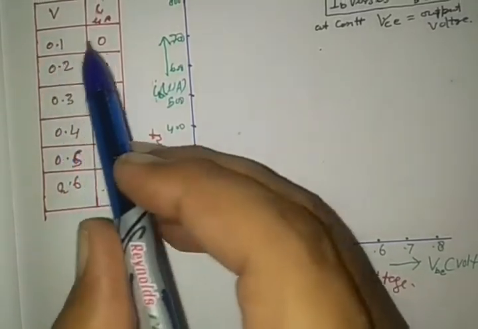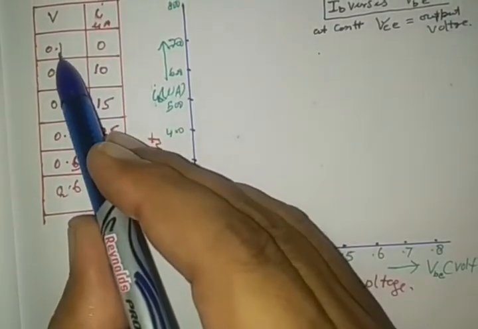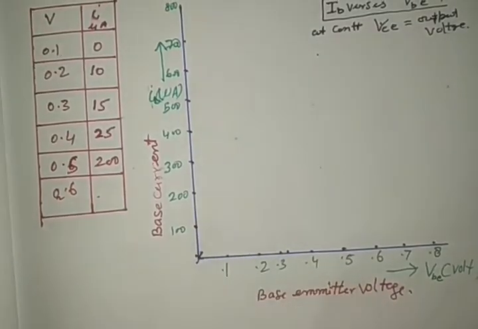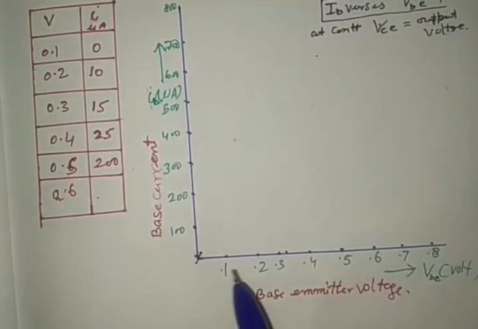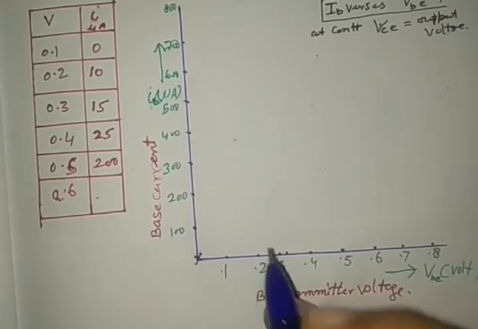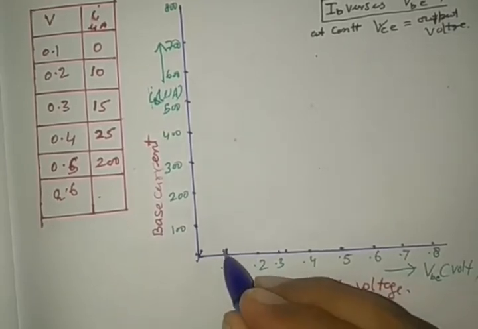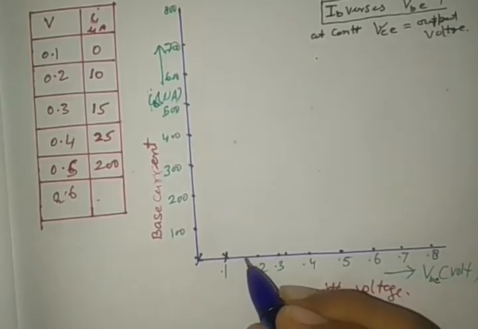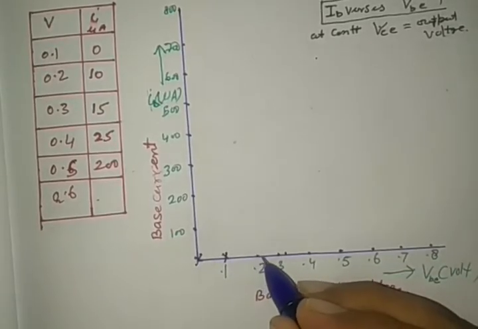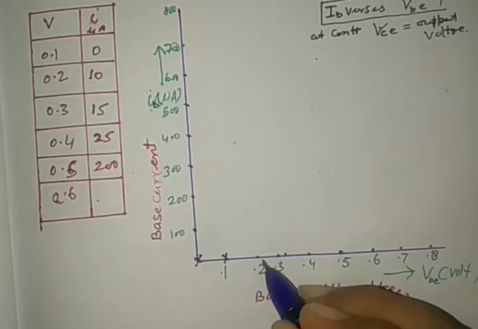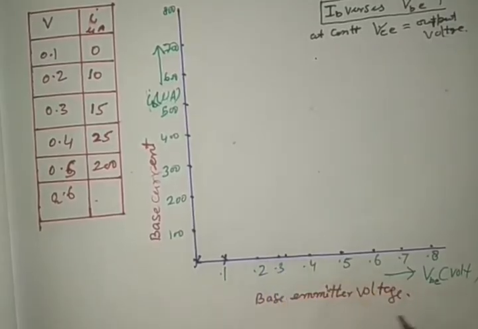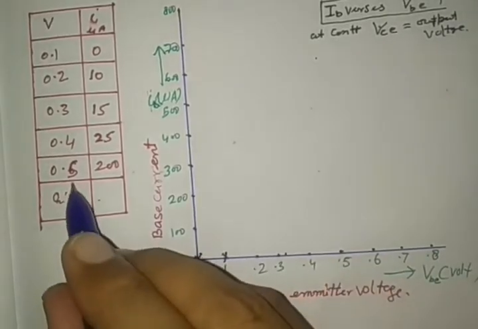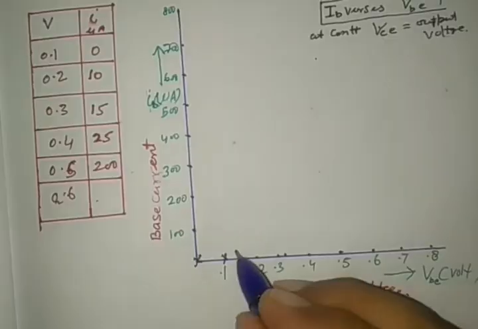The first observation is when input voltage is 0, both are 0. No change. If we increase the voltage up to 0.1 volt, no change in IB is obtained, so it almost remains the same. But at 0.2 volt, when you increase the input voltage VBE, a very small current flows, 10 microampere.